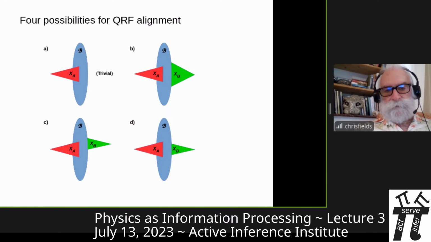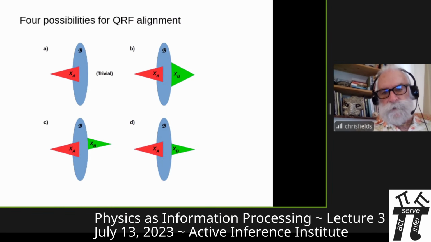You're in a trivial situation where A can measure something about B, but not in return. If the B agent deploys a QRF that's much broader in scope than the A agent, what we show here in panel B, then the A agent can learn something about the B agent, but misses most of what the B agent is doing.